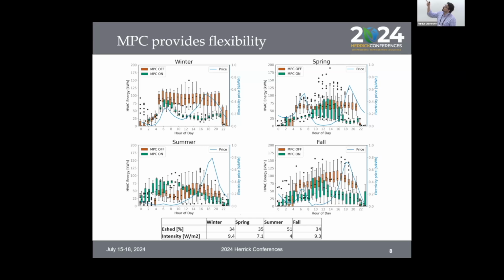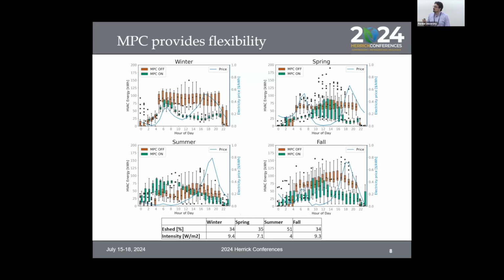In spring, where we have 2 peaks, it was interesting because sometimes the days were pretty warm, but because of the morning price peak, the MPC would prefer not to do a lot of pre-cooling at night, instead focusing the consumption during the day. And fall is mixed.